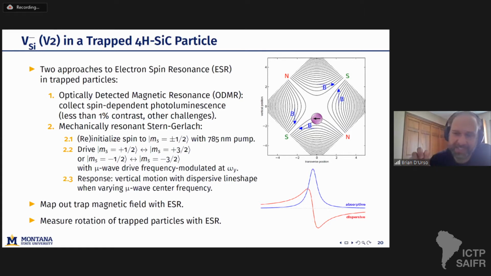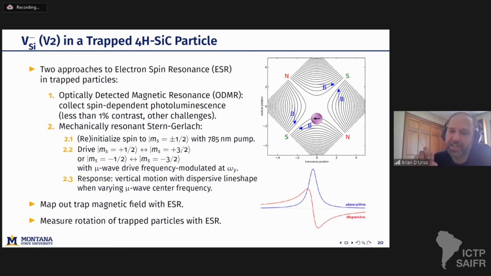So the basic idea is you let the particle get biased a little bit down by gravity into the magnetic field and magnetic field gradient of the trap. You shine the 785 nanometer pump laser on it, which reinitializes the spin to a plus or minus 1/2 m_s level. And then you drive it with microwaves with a frequency modulated beam, and the modulation frequency is at the vertical oscillation frequency.